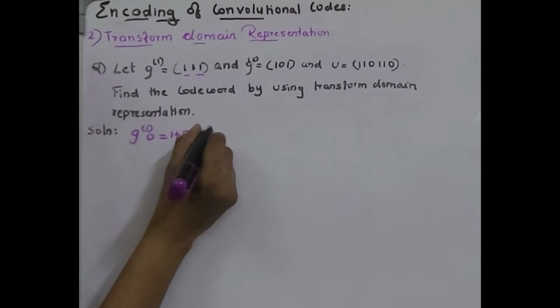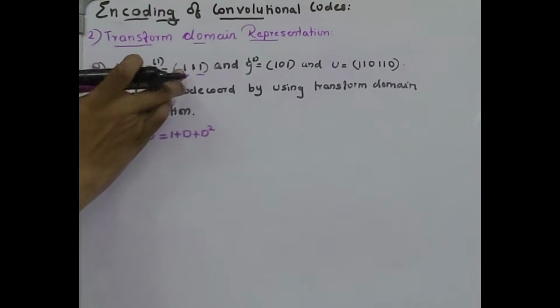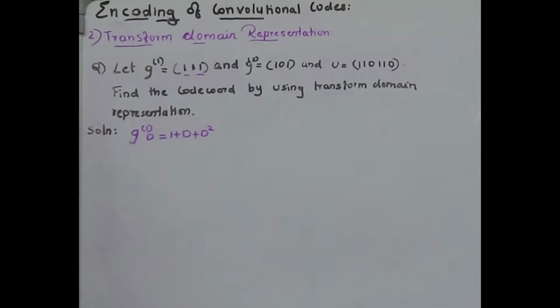So this is how we write the polynomial. So G1(D) is equal to 1 plus D plus D square.